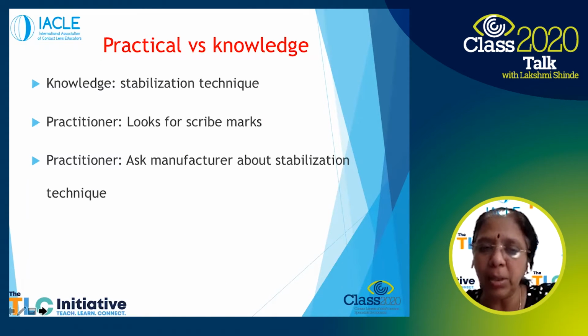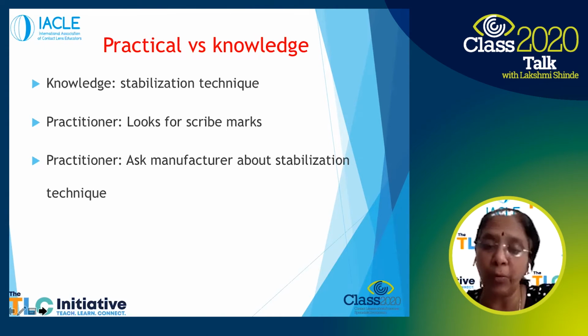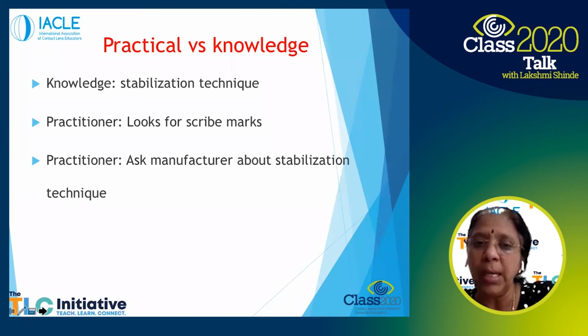As practitioners, we should also ask the manufacturer what kind of stabilization technique is being used, so that you are aware of the technique used by that particular manufacturer. The scribe marks also keep varying from one company to the other. So one should be familiar with which portion of the contact lens has the scribe marks for each company, so that you can actually see the scribe marks when you fit the lenses and make sure whether there is rotation or no rotation.